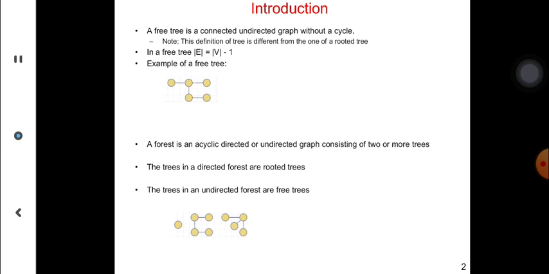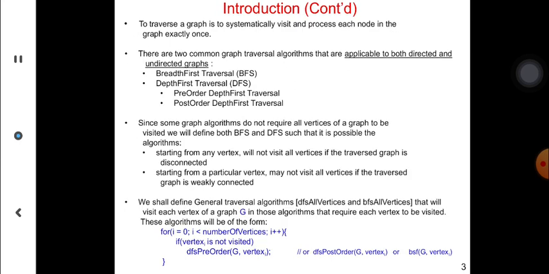A tree has a single root, but a free tree does not. So to traverse a graph is to systematically visit and process each node in the graph exactly once. That means you go to each vertex and do some work.